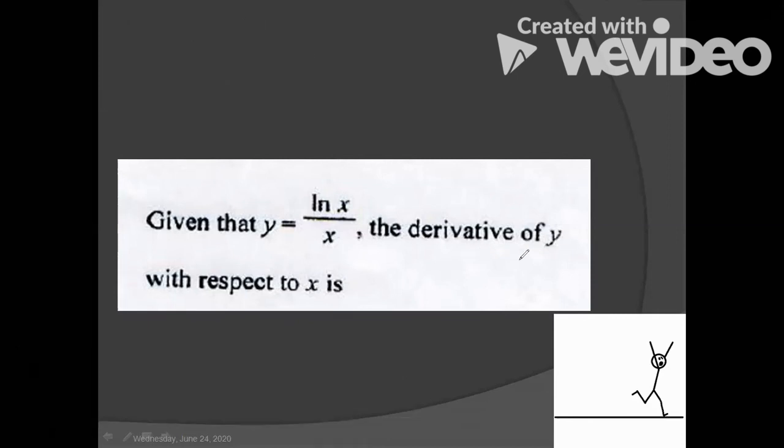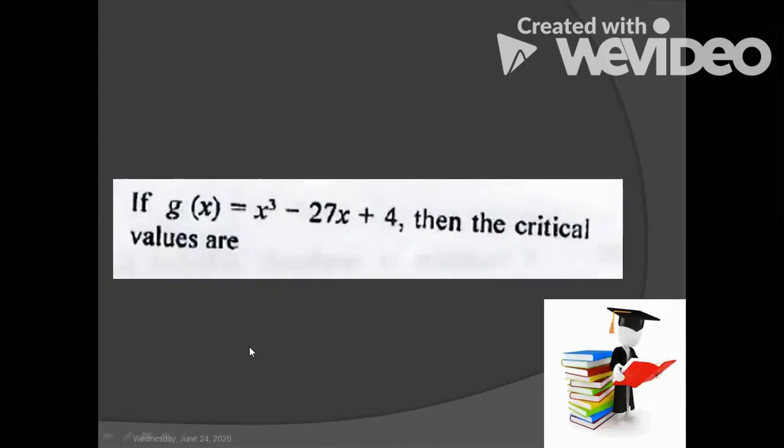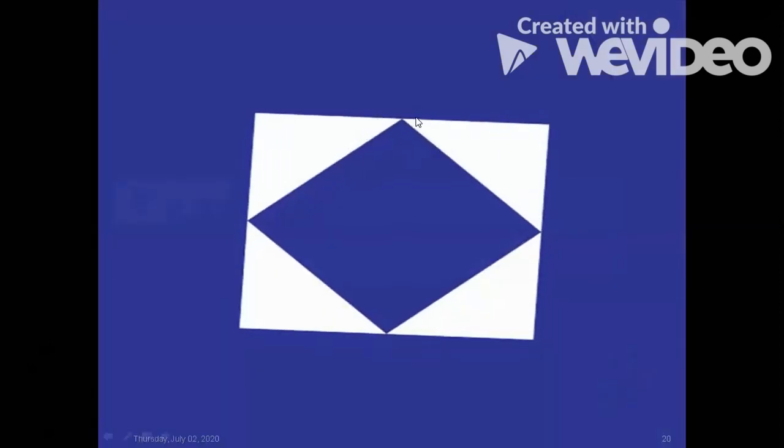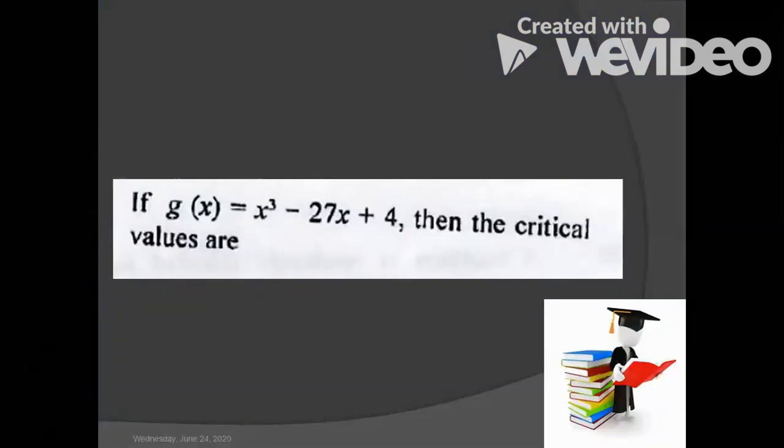Alright, so let's look at this question here. Let me see how many questions I have. Whoa, that was the last question. This is the last question. It says if g of x is equal to that expression here, then the critical values.